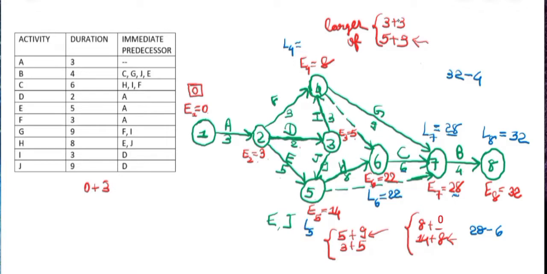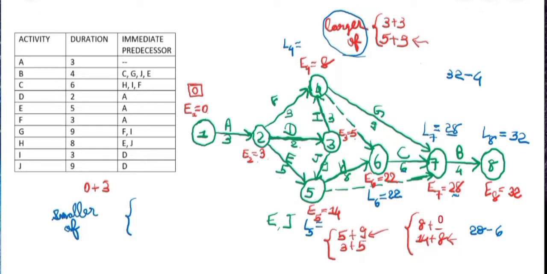Now for L5 there are 2 arrows. So this time we'll take the smaller value. Our L6 is 22. For E we took the larger of, and here we'll take the smaller of.